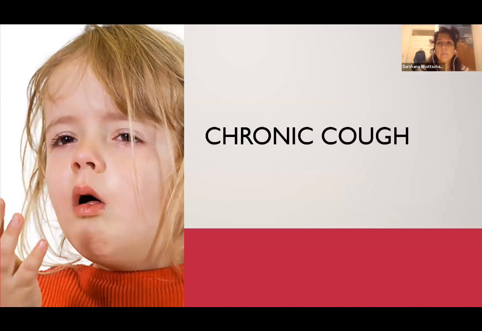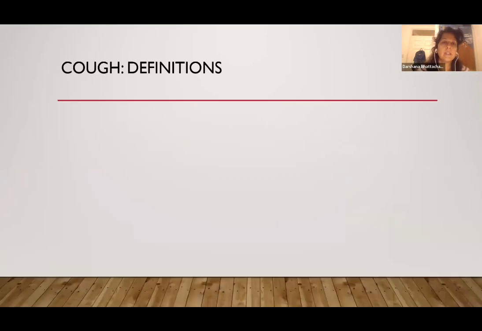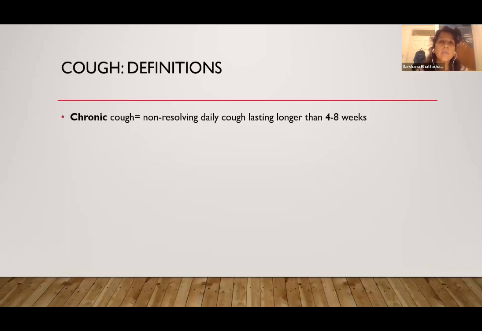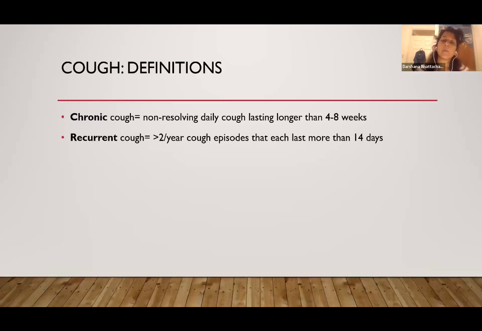So finally, we've come to chronic cough. We're going to spend the last few slides talking about chronic cough. Let's just have some definitions of different types of cough first. A chronic cough we would define as a non-resolving daily cough lasting longer than 4 to 8 weeks, so quite a long time. A recurrent cough is 2 or more cough episodes per year, and each episode lasts more than 14 days.